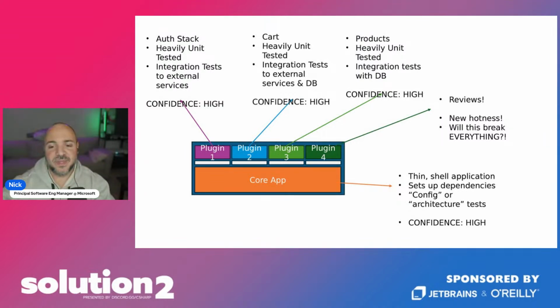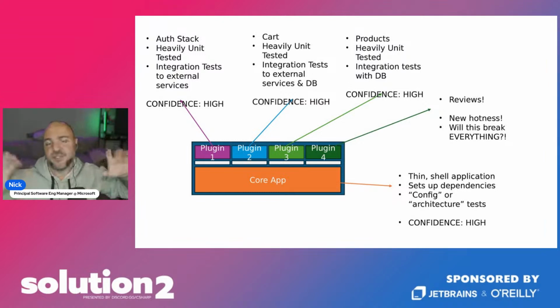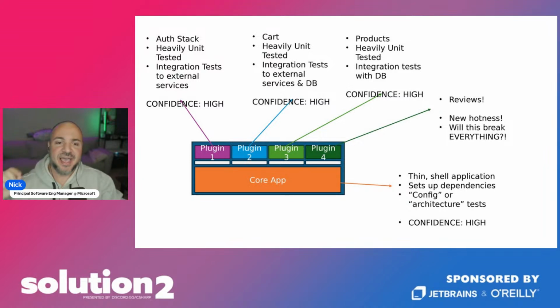I'm hoping this picture helps show that, if you're looking almost like a heat map of the different parts of your application, the new stuff that you're adding should be the part where you have low confidence because it's new. And then you go add the tests to that. But adding something new should not reduce confidence significantly in any other part of the app. So I hope that helps from the testability side.